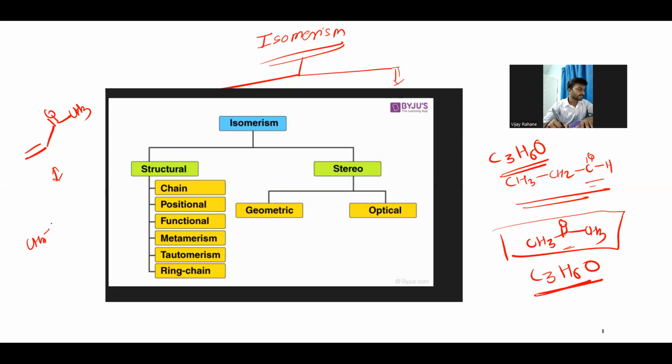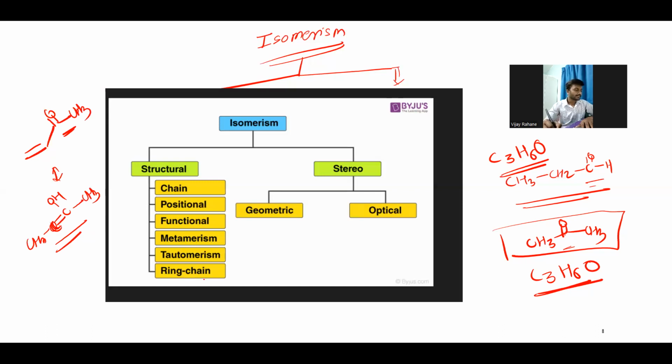Let's say CH3, C double bond. So this is the keto form, and this is the enol form. So this is keto-enol tautomerism. This is also one example of tautomerism.